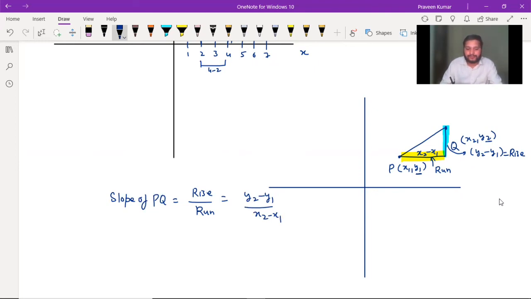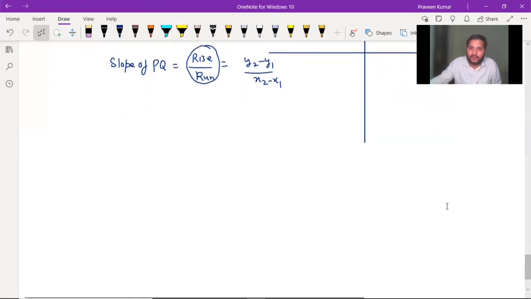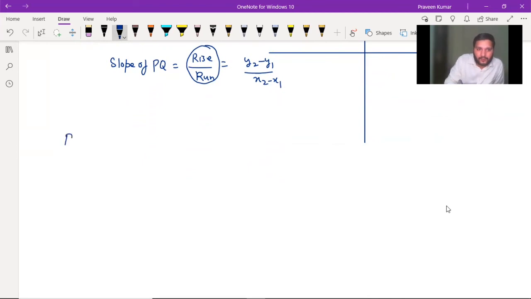So if this value is positive, we will say slope is positive. If this value is negative, we will say slope is negative. Let us understand what we understand by positive slope and negative slope. So, positive slope.